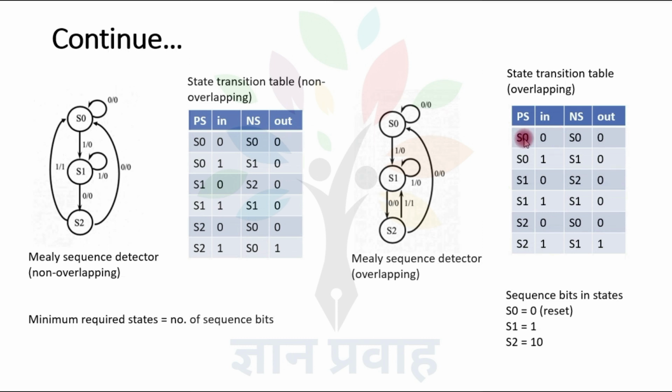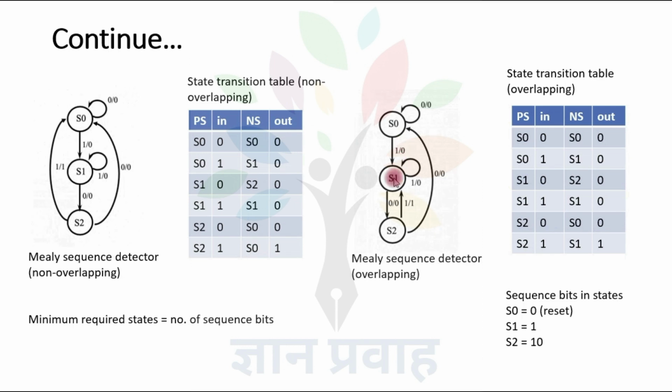When present state is S0 and input bit is 0, then the next state remains the same. It means next state is S0 and output is 0. When present state is S0 and input is 1, then next state will be S1 and output is 0.